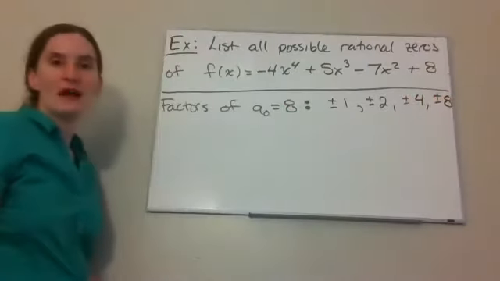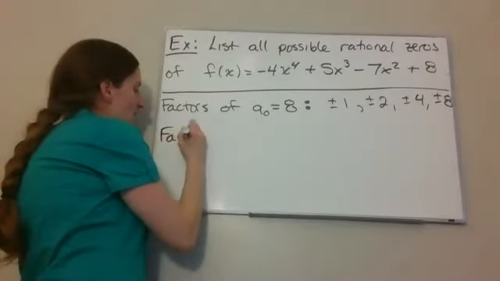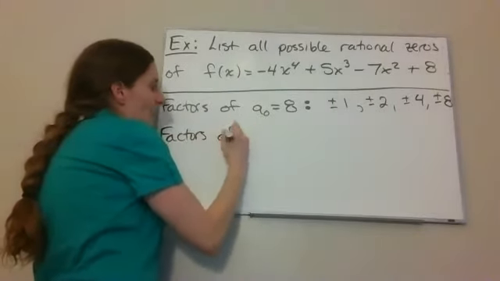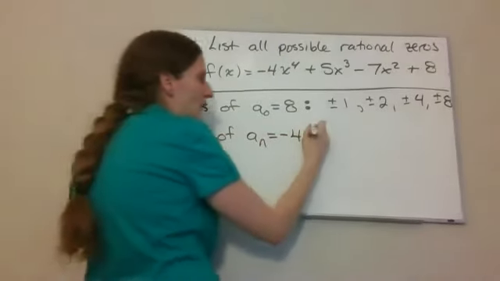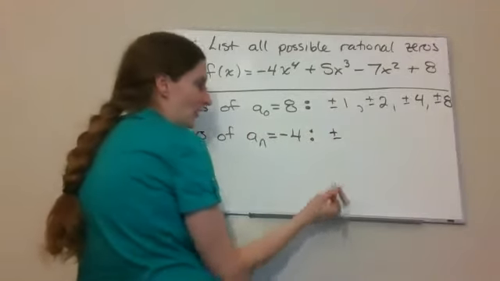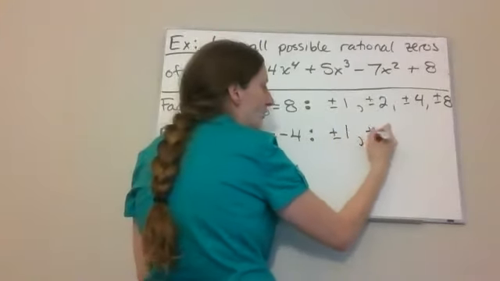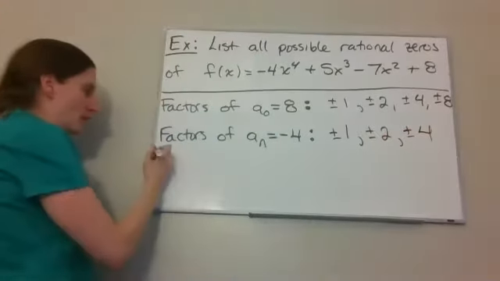And of course, positive or negative for all of those. And now factors of our leading coefficient. Well, my leading coefficient is negative 4. So what things divide negative 4 evenly? Plus or minus 1, plus or minus 2, or plus or minus 4.